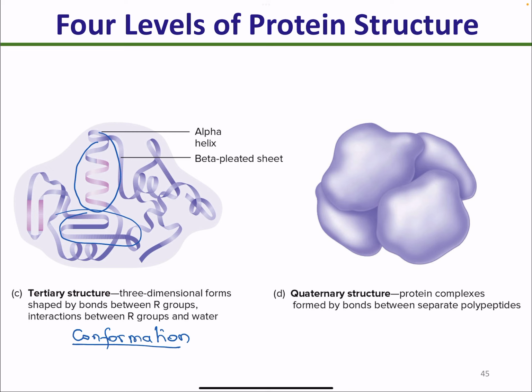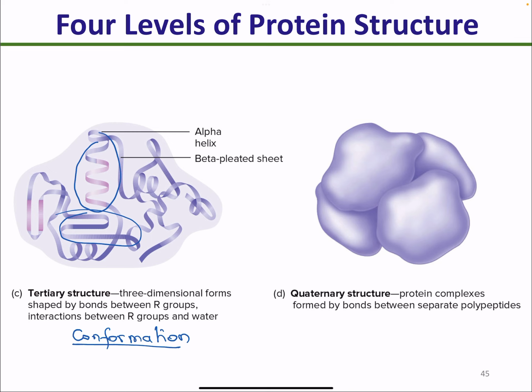But here is the last thing I want to say about protein structure. The last thing I want to say is that while the tertiary structure is the minimal structural level for proteins to be functional, what we notice is that not all proteins are functional in their tertiary structure.